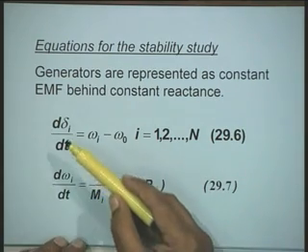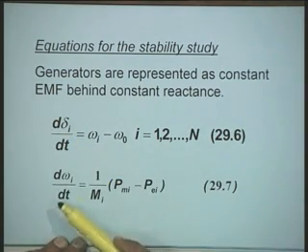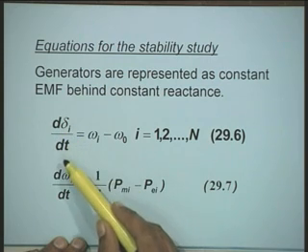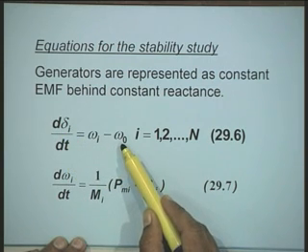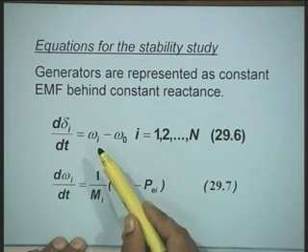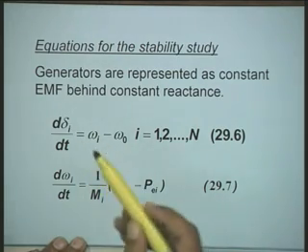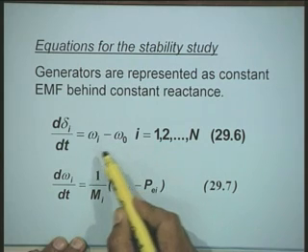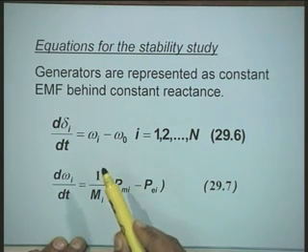Now, to obtain the equivalent machine, we again look at the dynamic model of the system. The dynamic model of the system is written in this form, that is, for the ith machine d delta i by dt is equal to omega i minus omega naught, which, if you use the per unit system where the speed is represented in per unit, can be written as delta omega into omega naught.